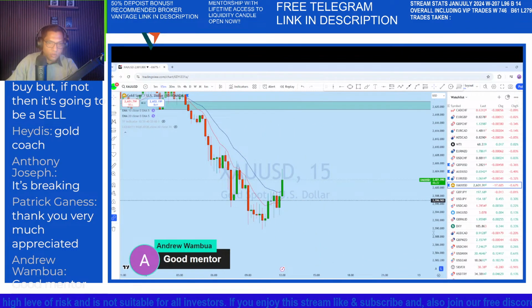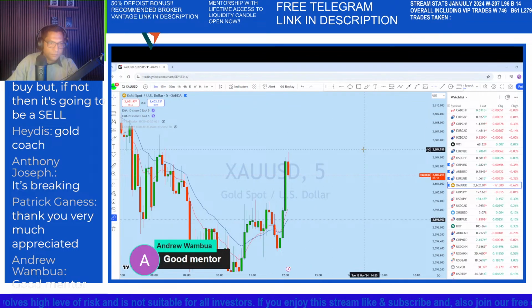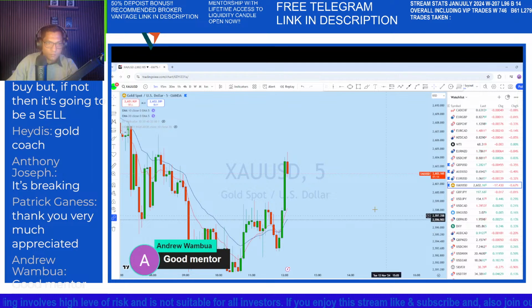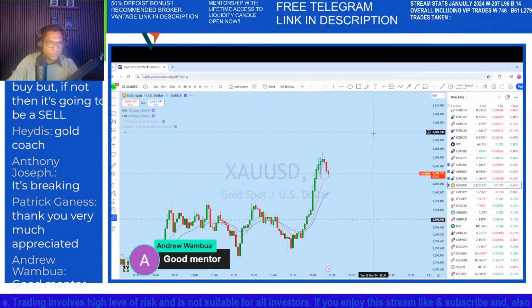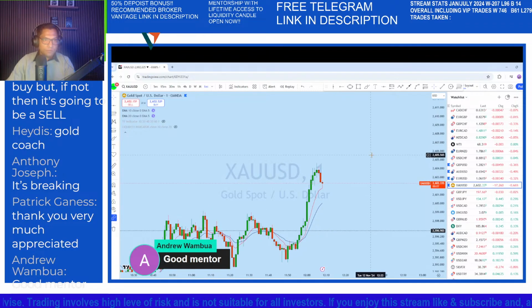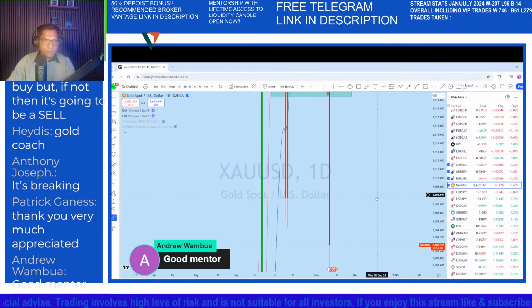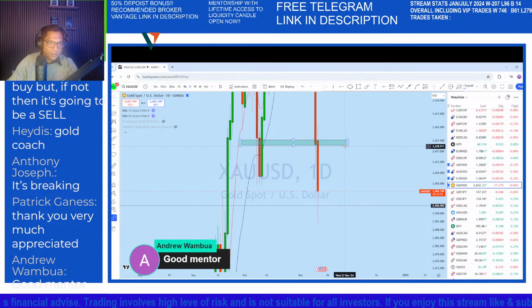That's going to be a bounce. Okay, this is the daily resistance.